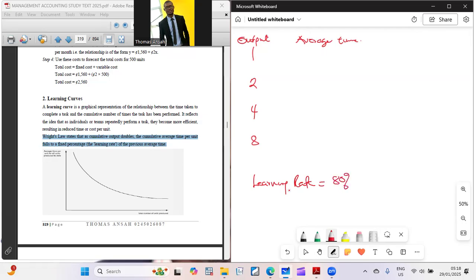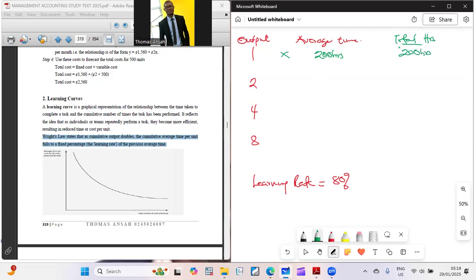All right, so let's say 80%. Now, let's say when a person produced the 1 unit, it took the person an average time of 200 hours. That means the total hours spent producing 1 unit will be this multiplied by this, that is 200 hours.